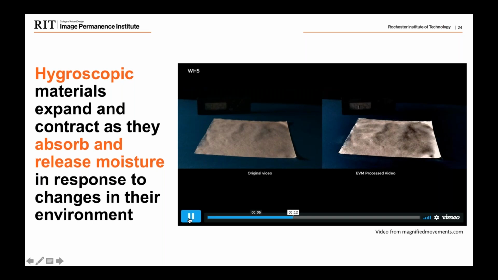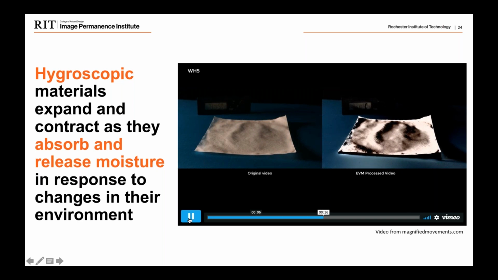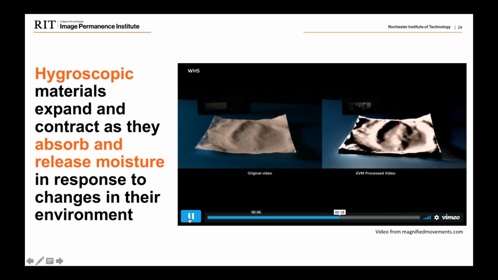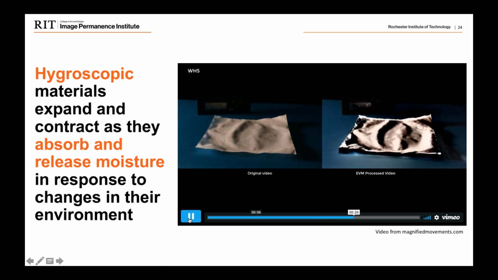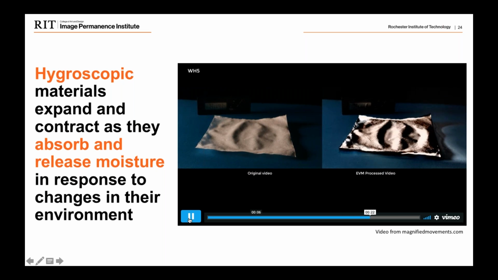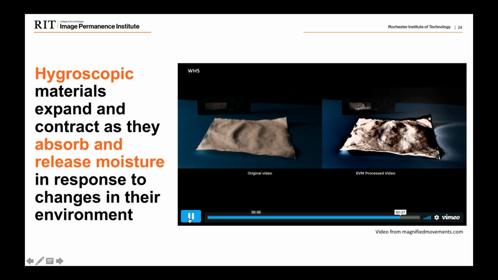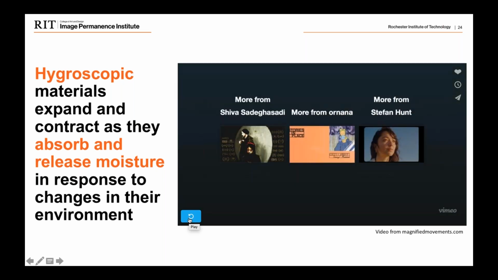It's a little difficult to see, but the relative humidity of their environment is changing, so they are also absorbing and releasing moisture in response to that, and you start to see this curling and deformation on the surface. Other types of damage that we relate to this are flaking, cracking, and possible loss of any inks or colorants that might be on the surface.